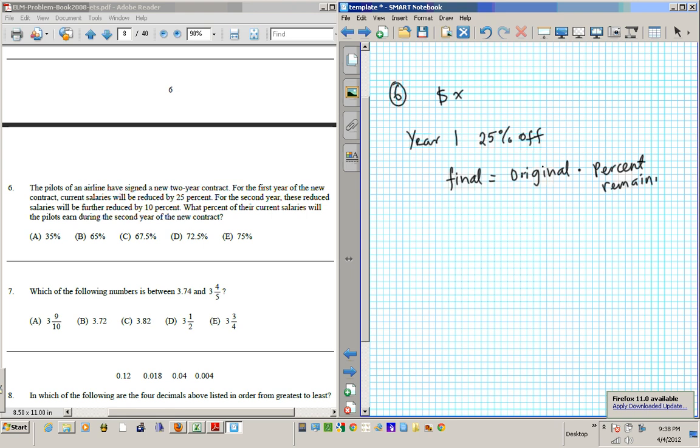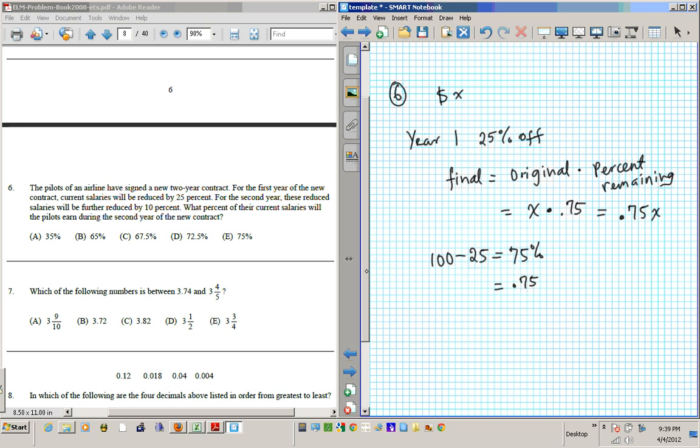So the original was X, and 25% off basically means you're going to go 100 minus 25. What percent do you have remaining? You have 75%. In mathematical form, 75% is 0.75. So you multiply the original amount by 0.75, so it becomes 0.75x.